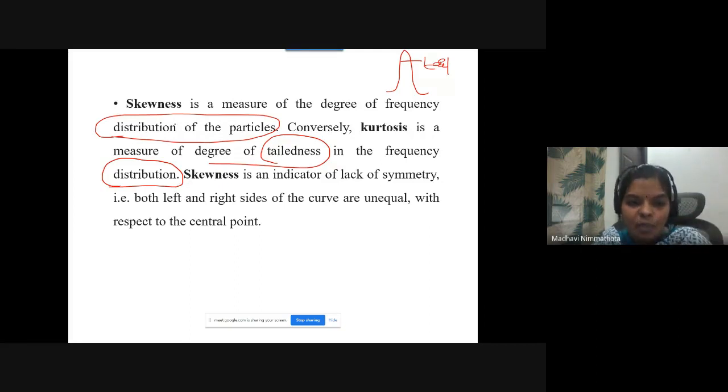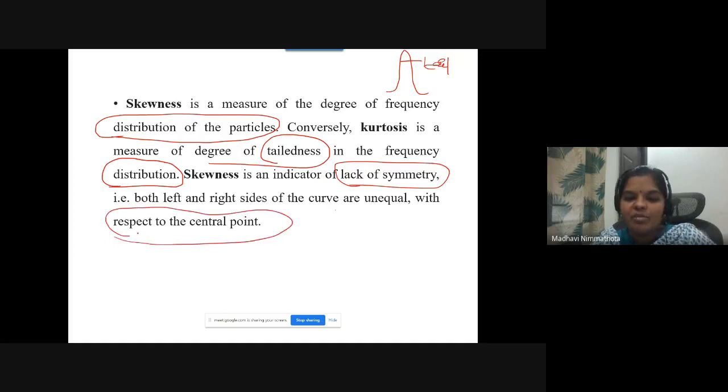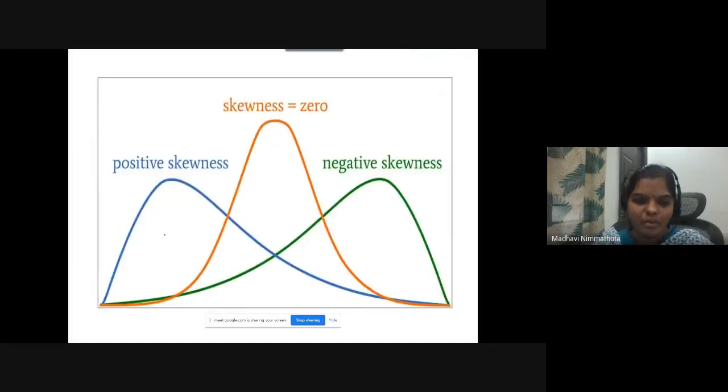Skewness is an indicator of lack of symmetry, and your curve may be shifted to either the right side or the left side with respect to the central point. See how it will be. In case of skewness, this orange colour curve represents it. Here you are going to get some peak. This is the skewness at 0.